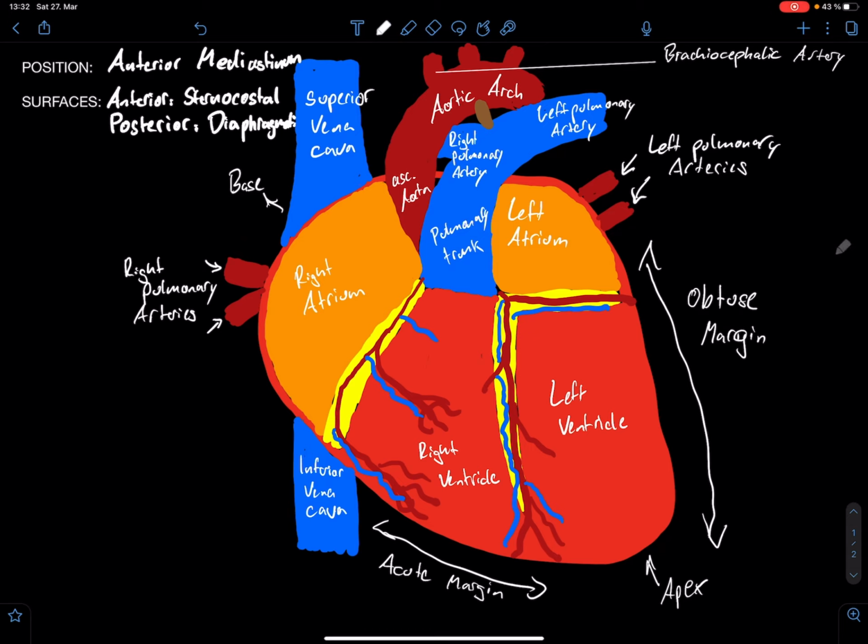In the middle, we have the left common carotid artery. And completely to the left, we have the left subclavian artery.